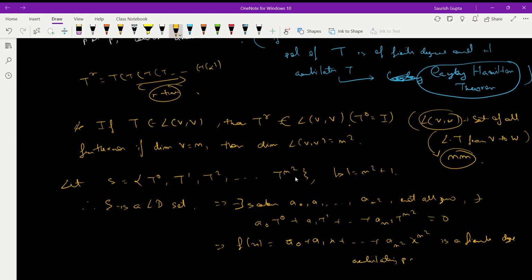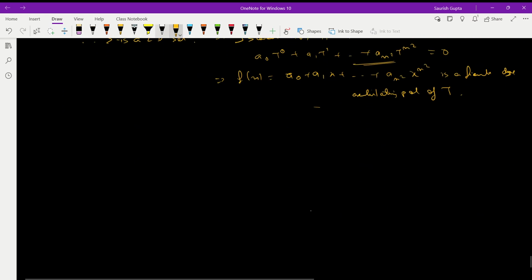So that means f(x), which can be written as a0 plus a1 x and so on till a_{n squared} x to the power n squared, is a finite degree annihilating polynomial of T, because f(T) is nothing but this. Therefore, if you have a finite dimensional vector space, then there obviously exist finite degree annihilating polynomials of the linear operator. Clear?